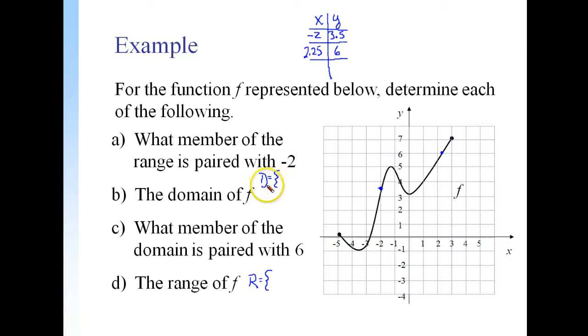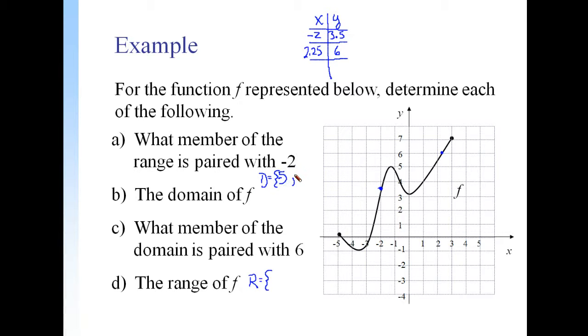Now for our domain, what is our domain? Well, our domain are our x values. And where do the x values start? Can you see they're starting right here at -5, and they go up through 3.